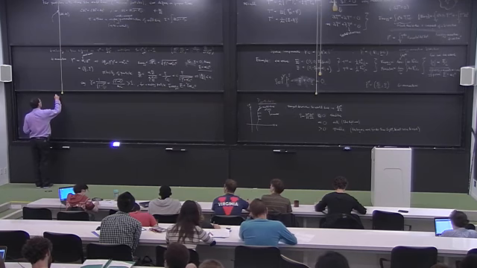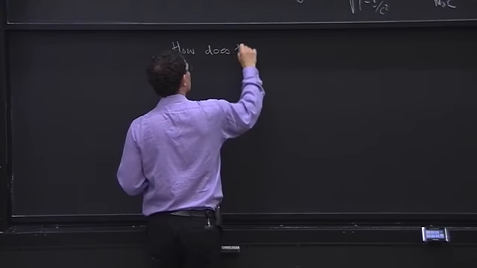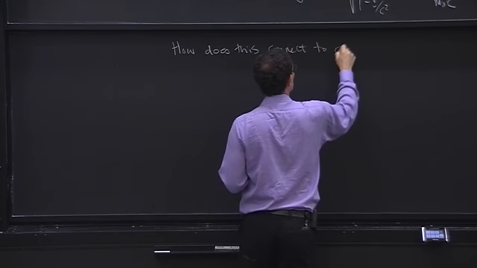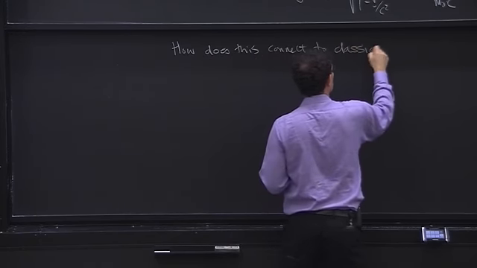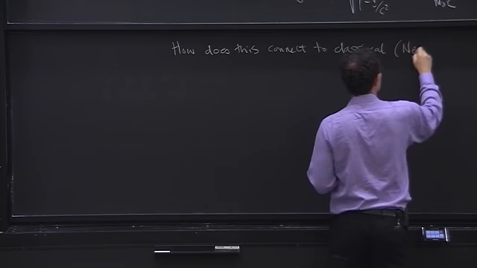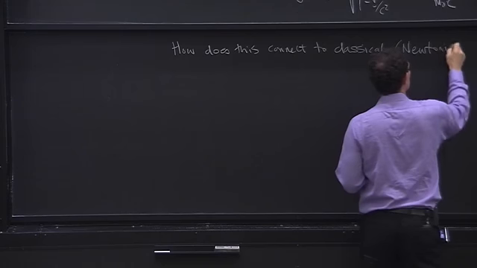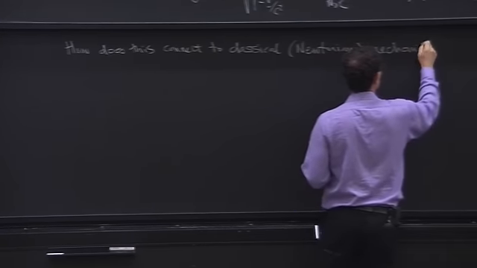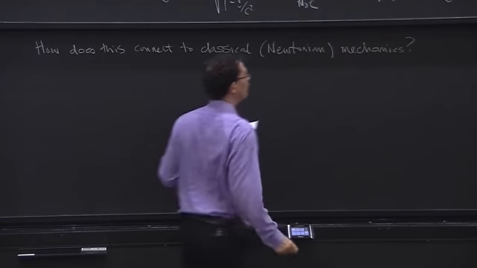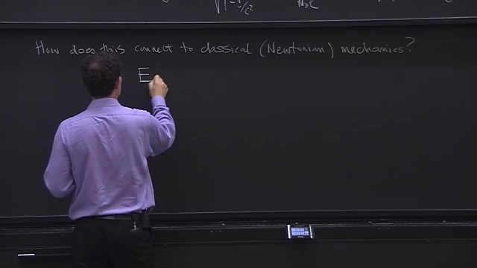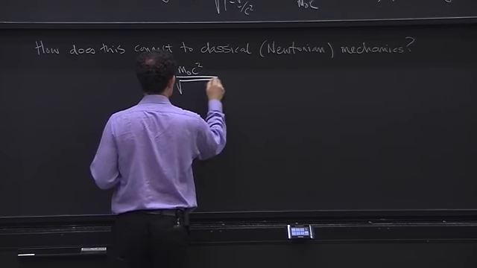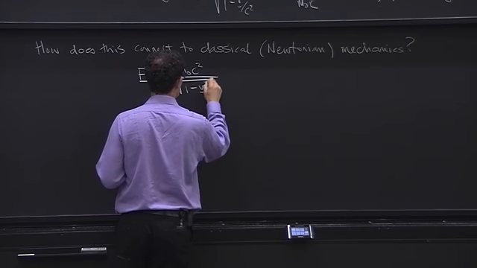So how does this connect to classical mechanics? Or Newtonian mechanics? We have that the energy is m naught c squared over the square root of 1 minus v squared over c squared.